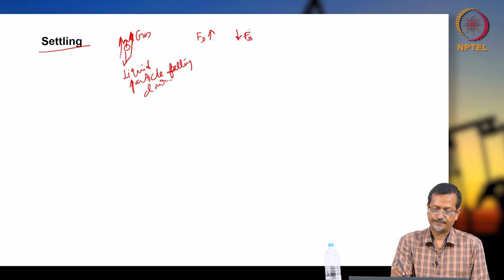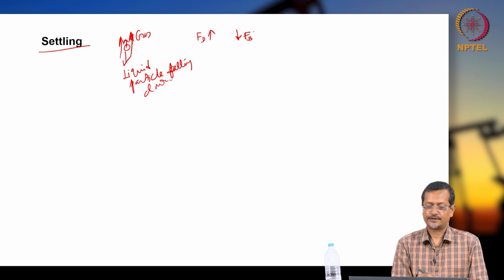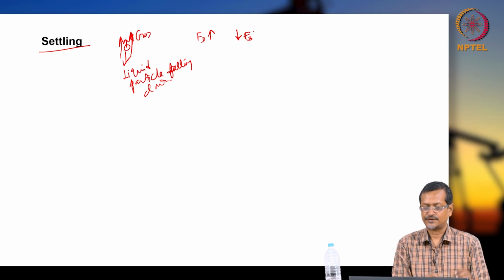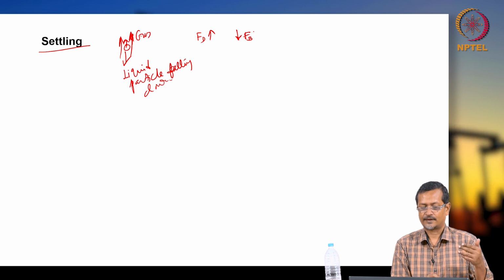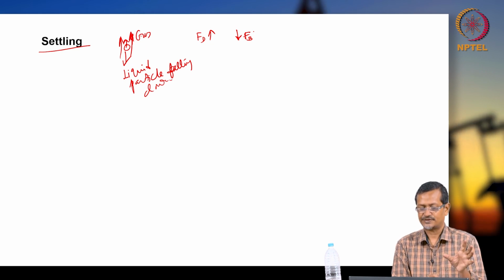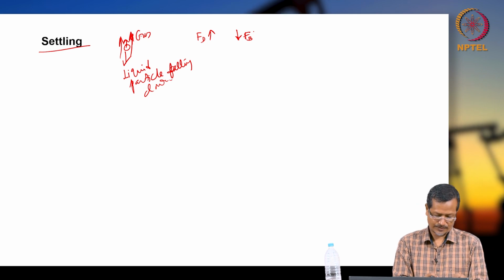If we know the terminal velocity, based on it we can calculate the separator sizing, let us say seam to seam length or diameter.